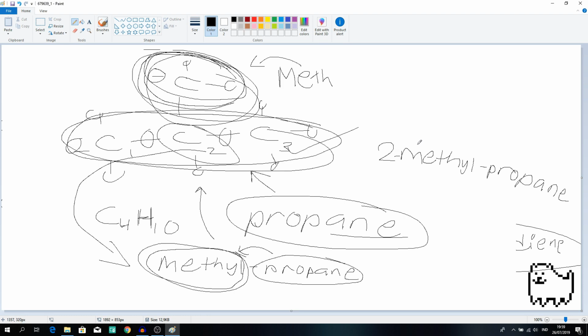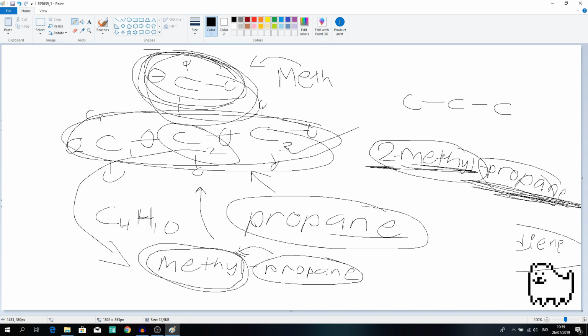So this 2-methyl shows that the methyl is in the second carbon of the propane. See, everything just matches each other. So we have a propane molecule, 1, 2, and 3, and methyl on the second one.